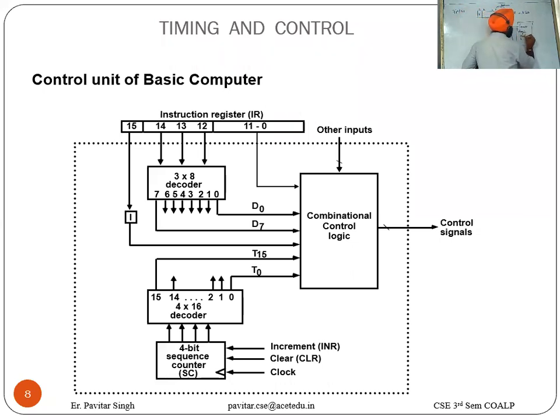After that, the 3 inputs, bits 12, 13, and 14, which represent the operation code, will be fed as input to the 3 into 8 decoder: 3 inputs, 8 outputs, numbered 0 to 7.